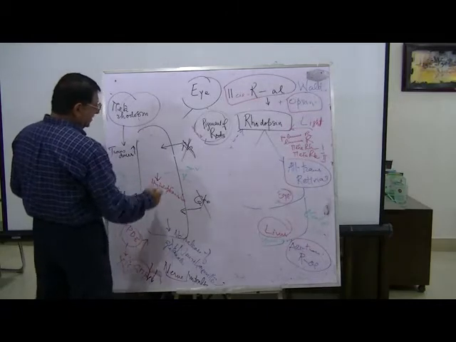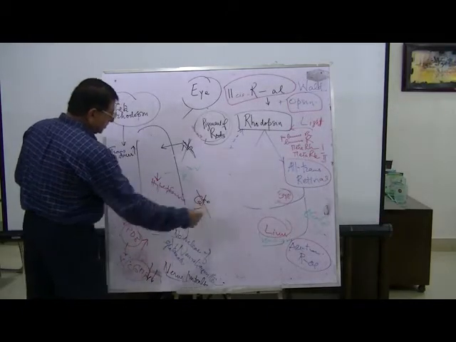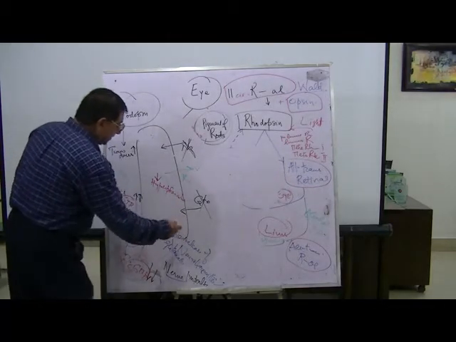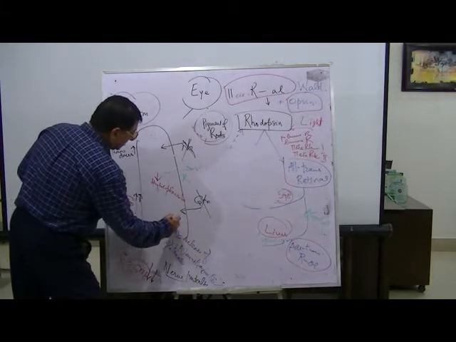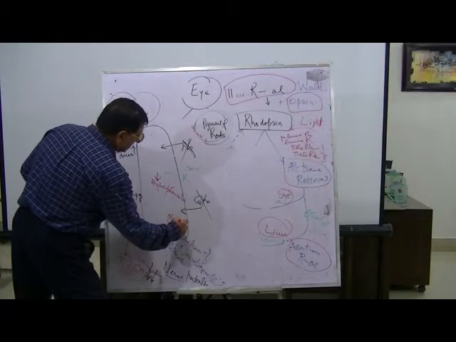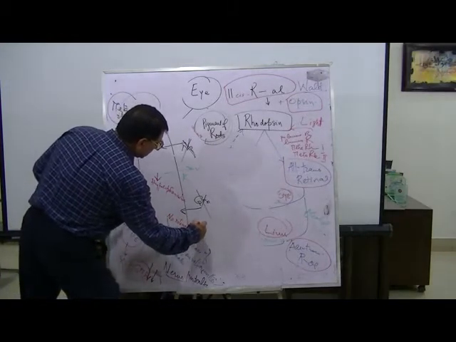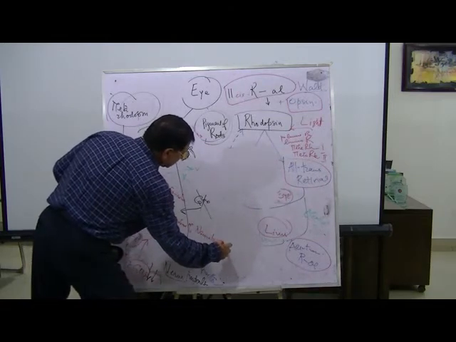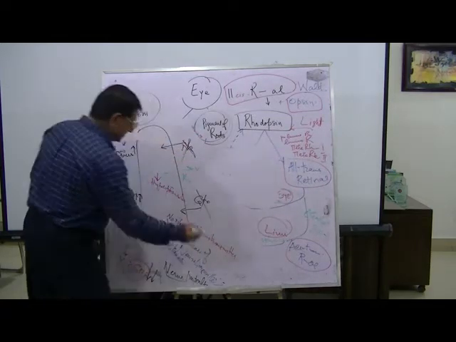When there is hyperpolarization, intake of calcium is also blocked. And when the intake is blocked, there will be no release of neurotransmitter, which in this case is glutamate, which is inhibitory.